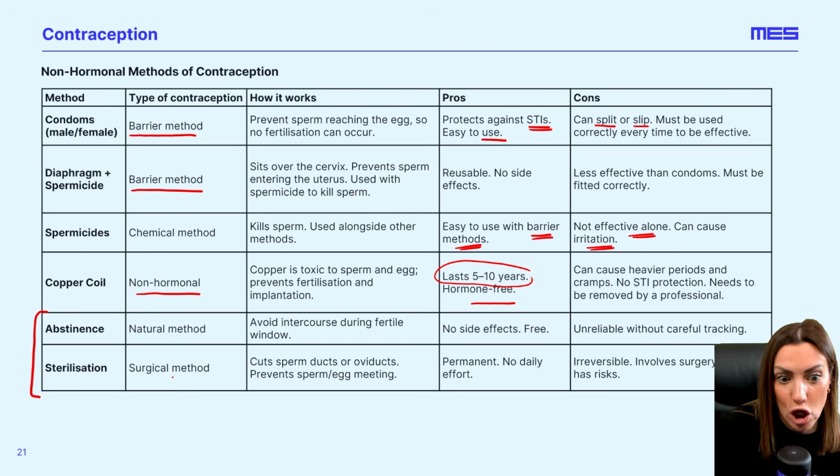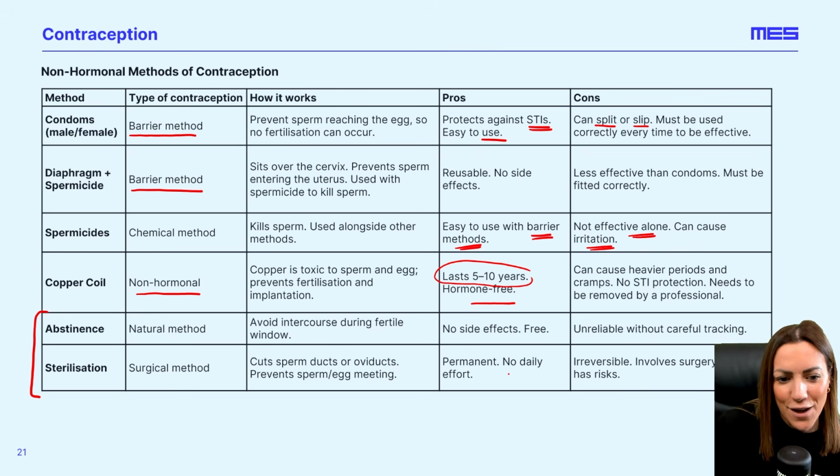Sterilization is a surgical method. It involves a surgical procedure. In men, you can cut the sperm ducts. In females, you can cut the oviducts. This is going to prevent the sperm and the egg from meeting, so there's no fertilization. It is permanent. It lasts forever. Very unlikely that you could reverse it.